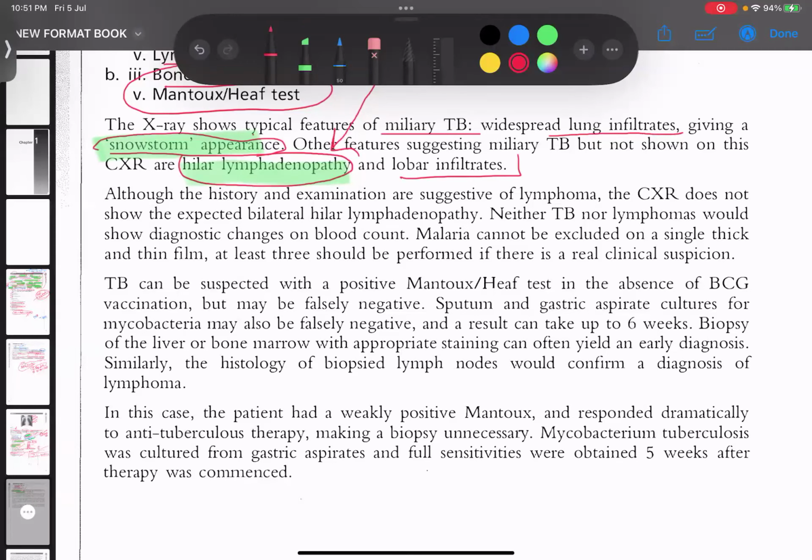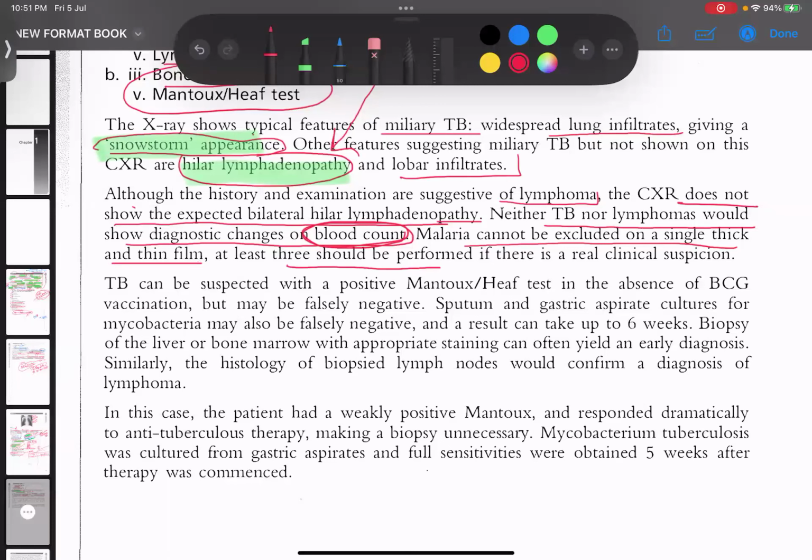Although the history and examination are suggestive of lymphoma, the chest X-ray does not show the expected bilateral hilar lymphadenopathy. Neither TB nor lymphoma would show diagnostic change on blood count. So from the given information, we cannot completely consider that this is TB or lymphoma. Malaria cannot be excluded on a single thick and thin film.